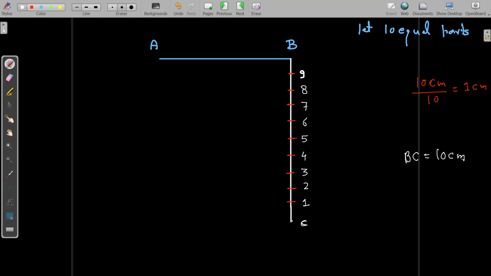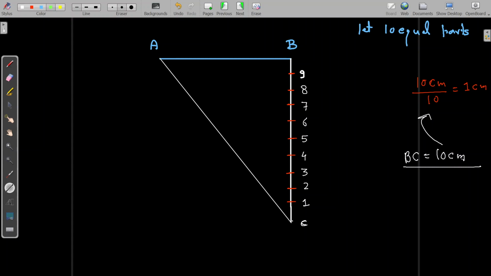Why? Because I had to divide AB into 10 equal parts, so I drew the line BC such that it can be easily divided into 10 equal parts. Now the next step is to join this A with this C. So here I have joined point A with point C.